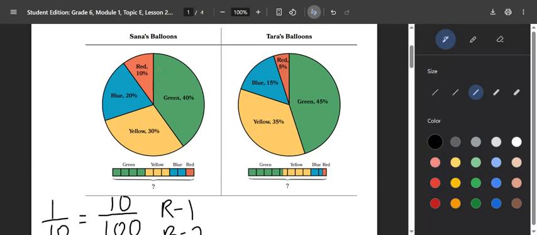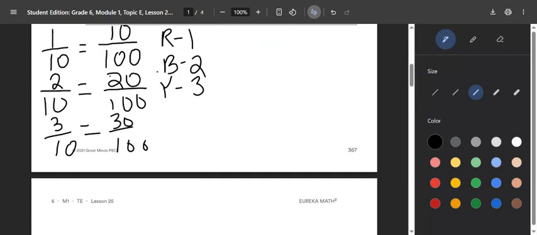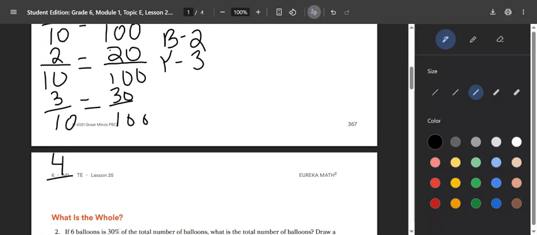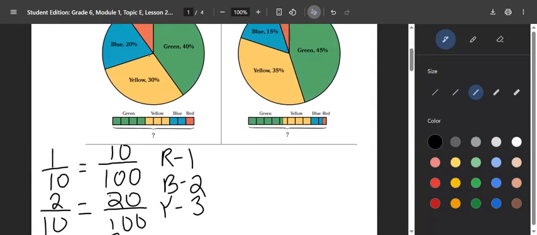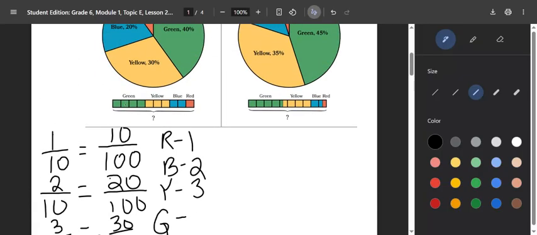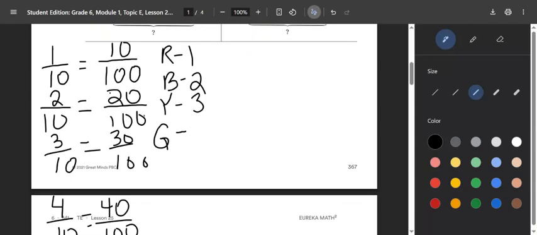And then for the green, I'm going to just kind of write here on this next page, 4 out of 10, which is the same as 40 out of 100. And what color was this? 40% is green. So for the green, she can have 1, 2, 3, 4 balloons.